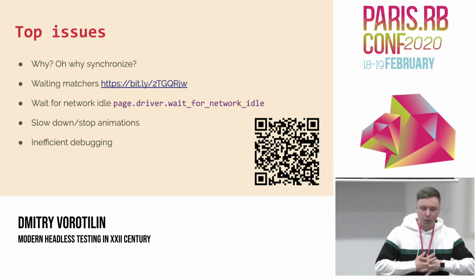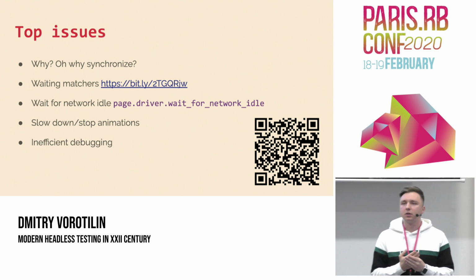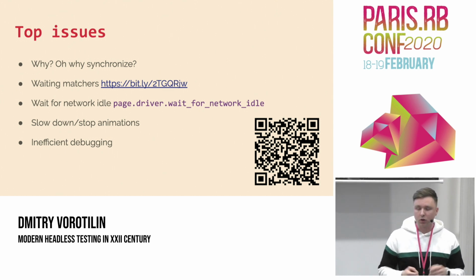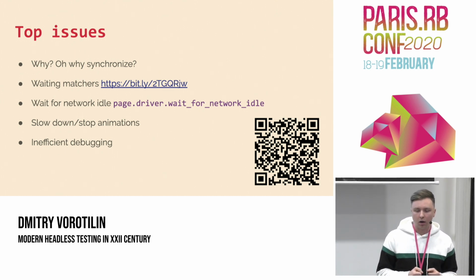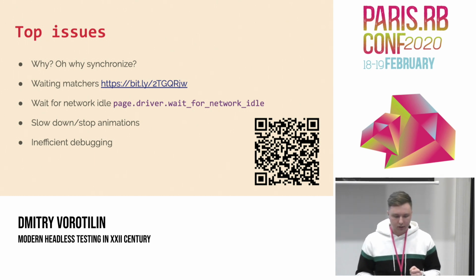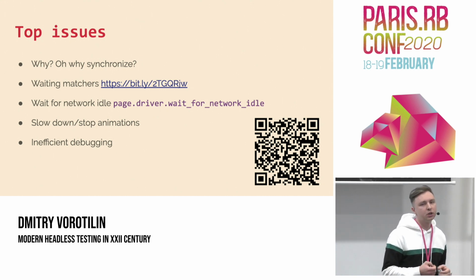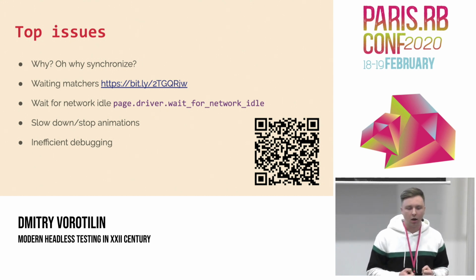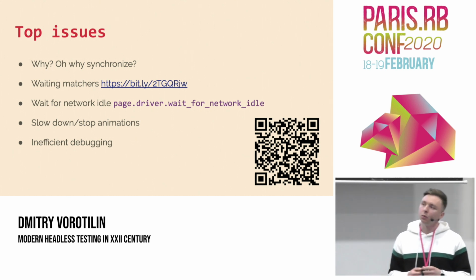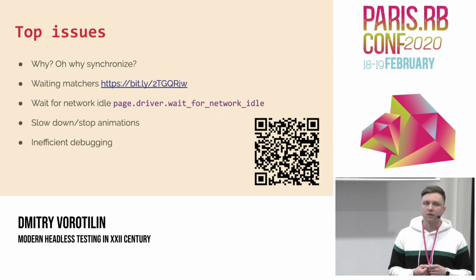Another thing I like to point out is that sometimes waiting matchers don't work just because after some click you don't change the DOM, but you cannot proceed right after the click because it will be too soon. So we used to have something like wait for Ajax in our code base, but the way it was implemented, it was using JavaScript and jQuery.